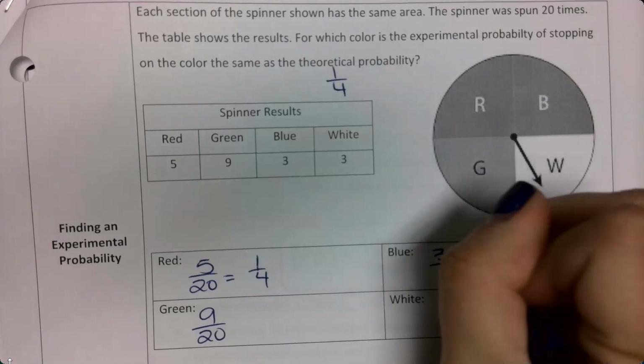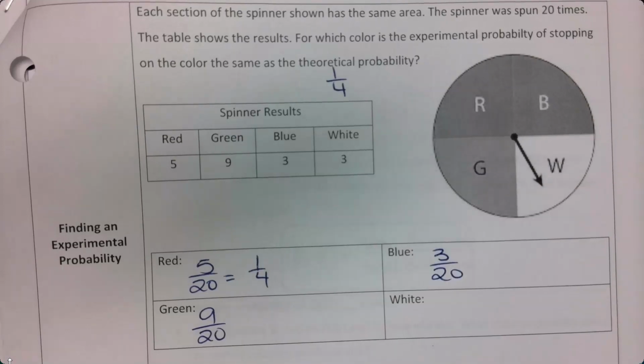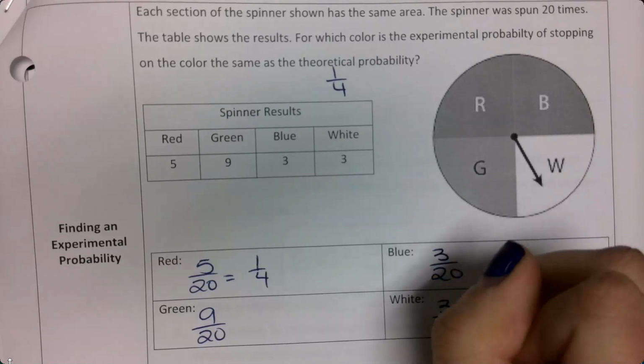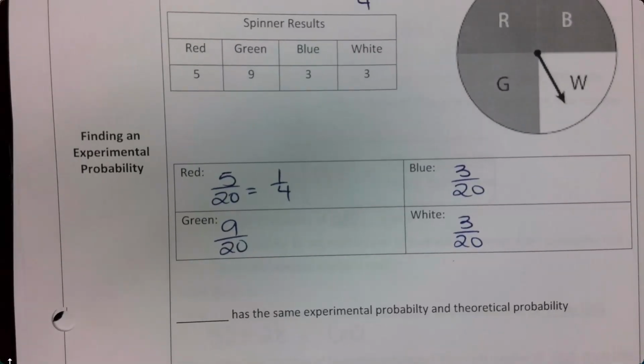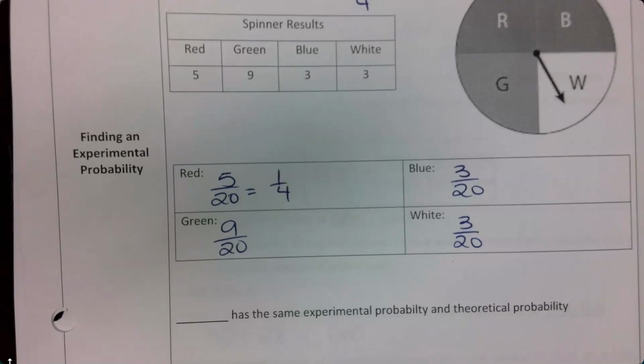Blue is 3 out of 20. And if I simplify that one? Over 20. And then white is also 3 out of 20. So I know that already simplifies to 3 over 20. So which of those matches my theoretical probability? Yeah, Ben? Red.